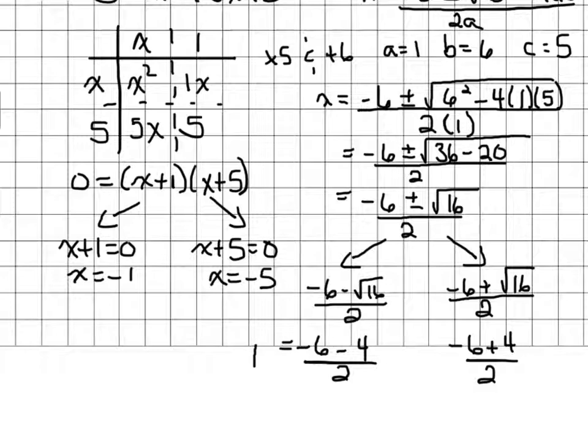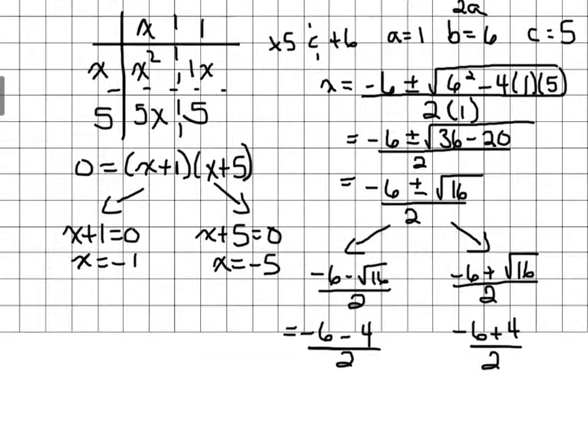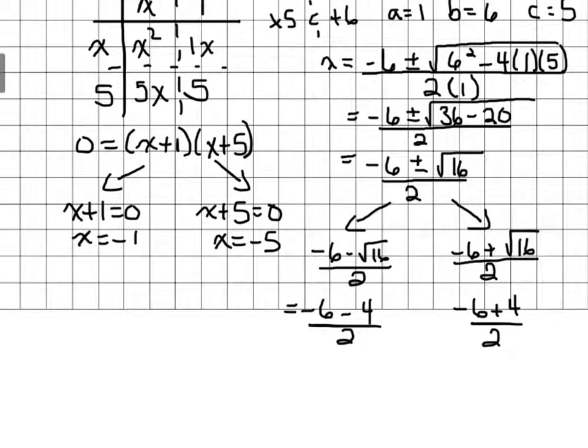Then minus 6 minus 4 is negative 10 divided by 2, and minus 6 plus 4 is negative 2 divided by 2.